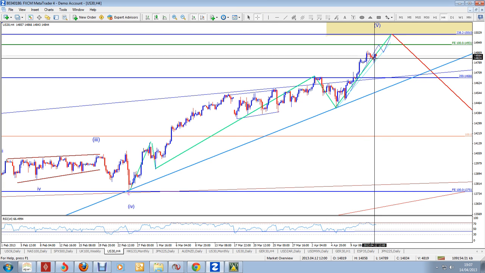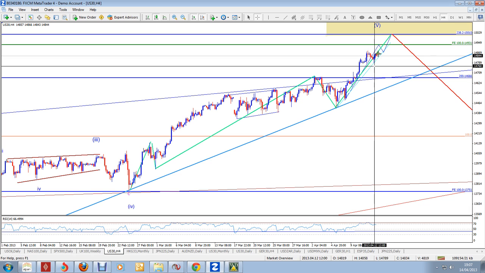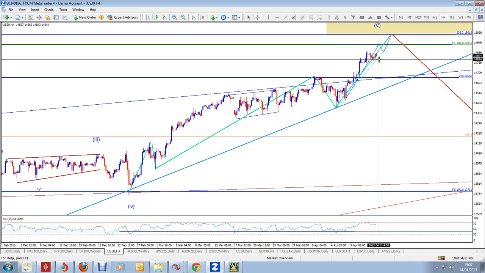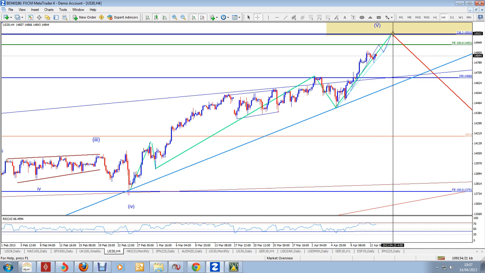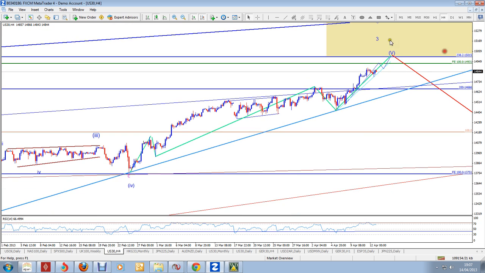So we may well have wave 3 still not quite finished: one drive up, small retracement, and then another drive up. So probably, if you consider this, for the best part of the week we might find the Dow Jones Industrial still trending up, and I think it'll probably reach somewhere about 15,000, and then we will get this wave 3 completion, this wave 5 in brackets, but that also completes wave 3 in brackets, wave 3.